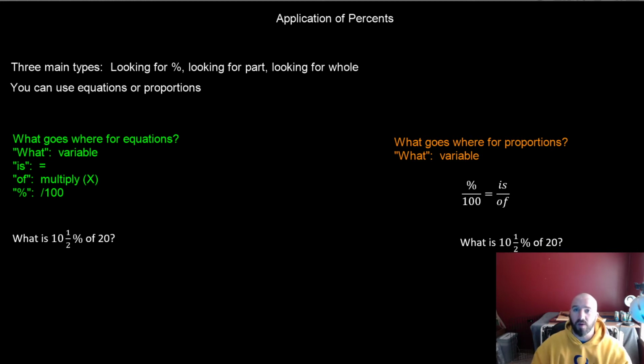So there's two main ways to solve applications of percents in these sentences. The one is probably better if you're more equation oriented like me. So if algebra is kind of a strong suit and this is something that you're really comfortable with, then you will probably prefer the equation way.